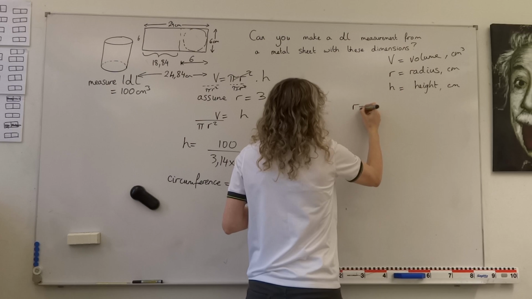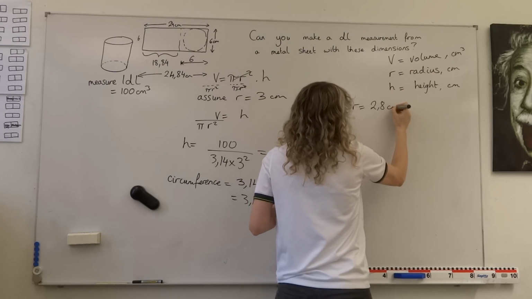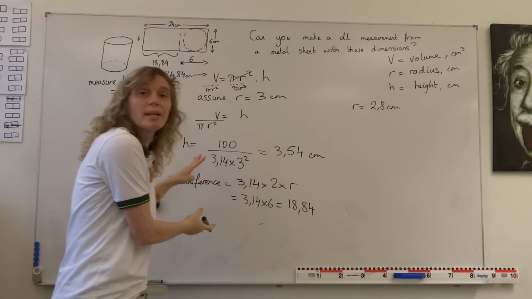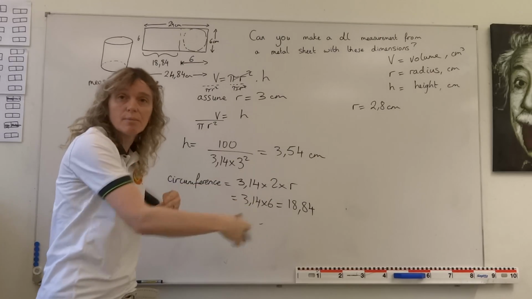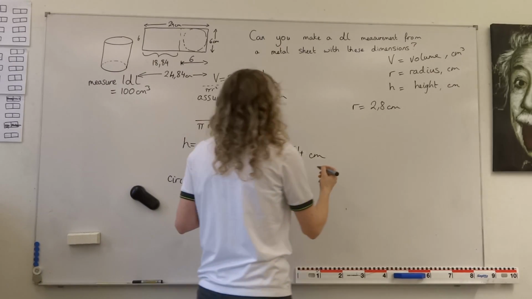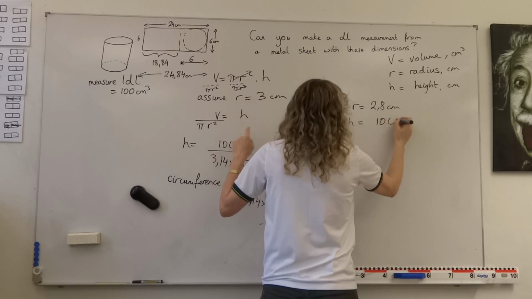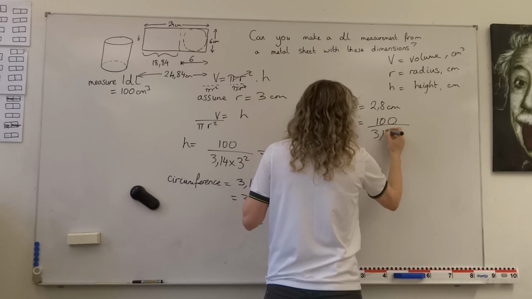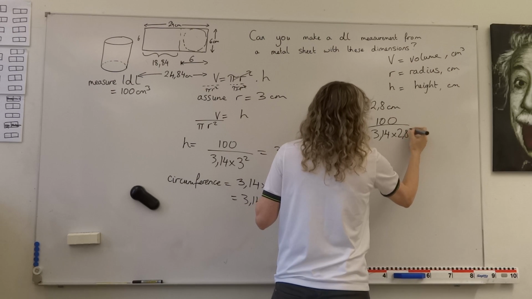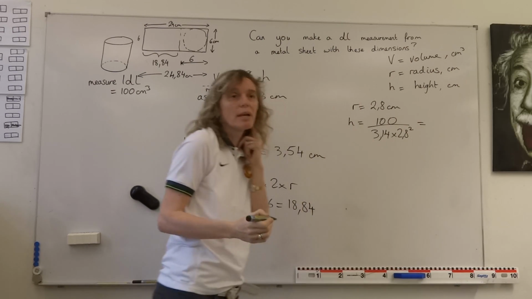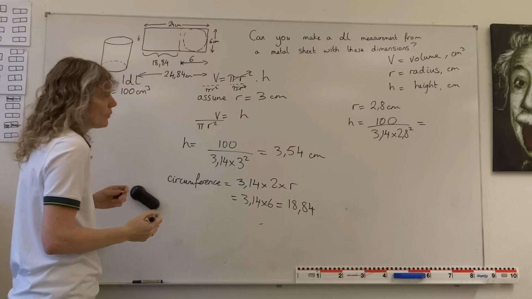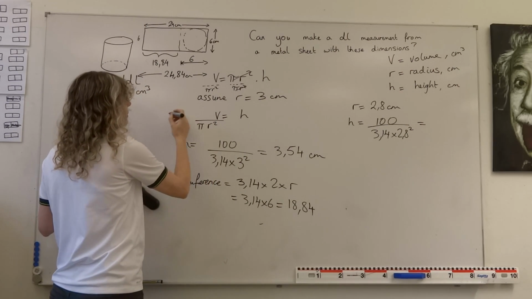Let's say that the radius equals 2.8 centimeters. So this way doesn't work, and then I've got to do a guesstimate. Let's take a radius of 2.8. We get that the height is the volume divided by 3.14 times 2.8 squared. What height do we get then? So this was first guess, assume.